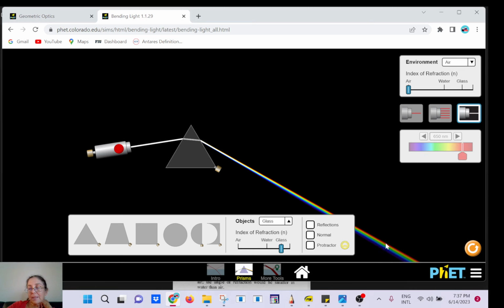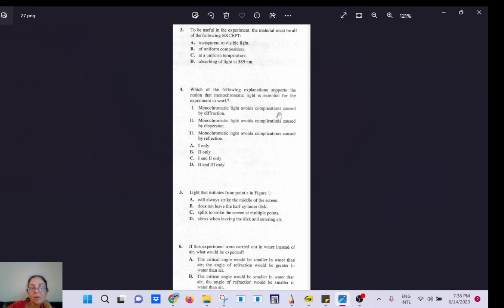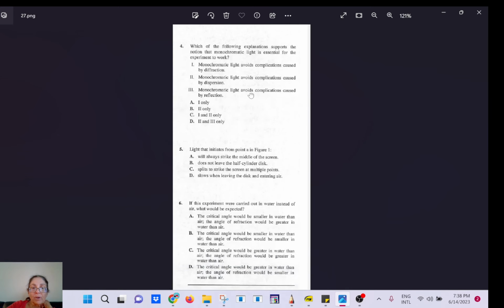So the red will move further away from the blue. If you go from that medium to water, you're going to have less dispersion. So anyway, if instead of having white light, you just have red or blue, you don't have to worry about dispersion. There is no dispersion. Okay, so that's for number 4.